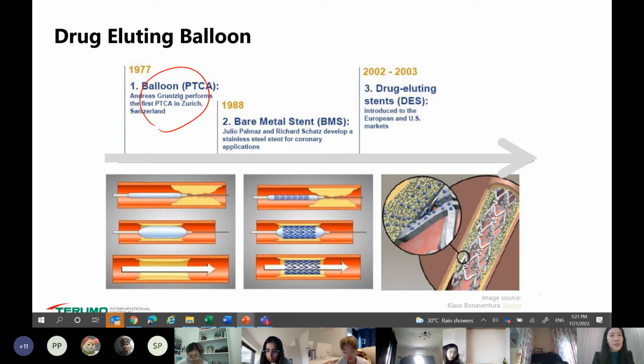So subsequently, you realize that a structure is required to be placed at the lesion site to keep this vessel open. So for a few years, bare metal stent, just a metal structure inside, is used. But you realize that the body will eventually form a layer of new tissue around the vessel, and because of this new tissue the vessel size becomes smaller again, so it's not very effective.